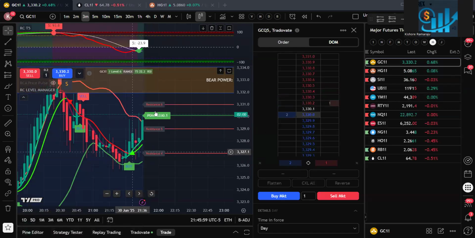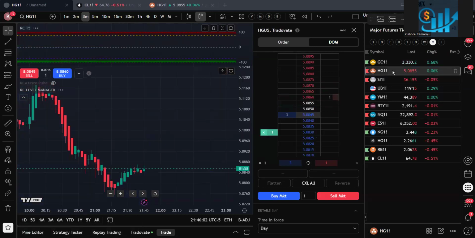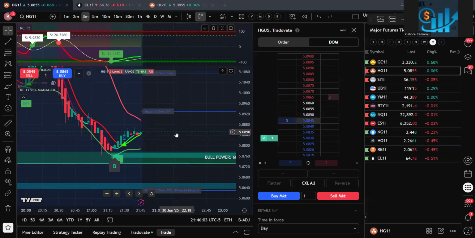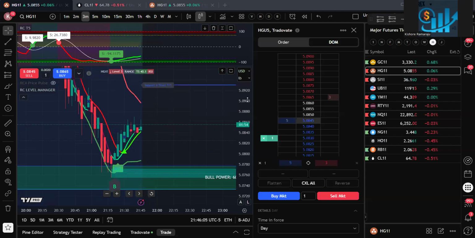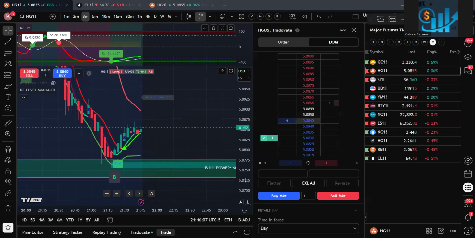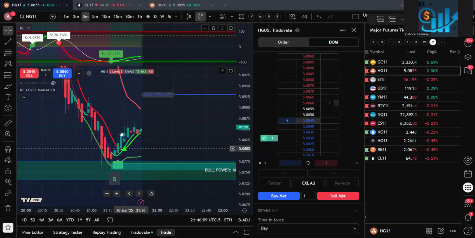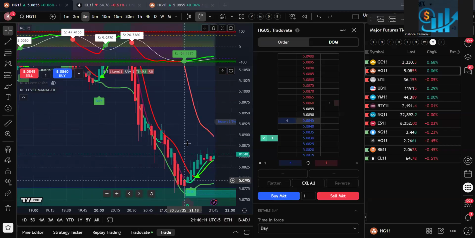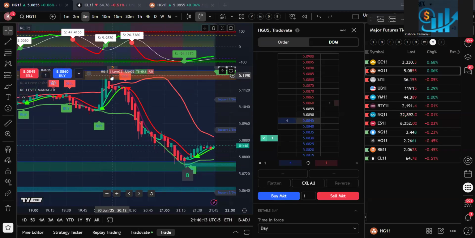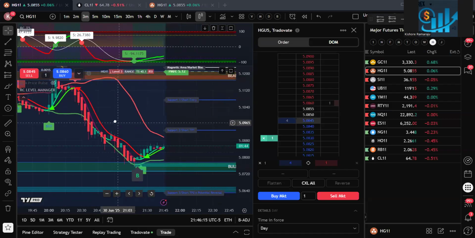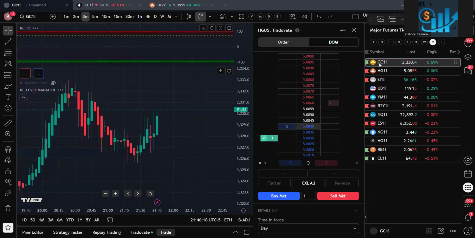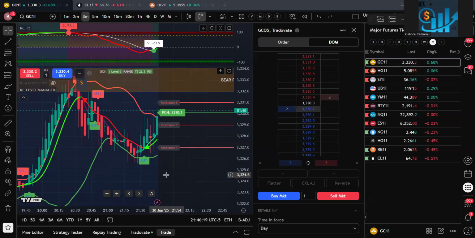We took profits on gold long. Took profits on copper long. And I took profits on the short side. Again on the long side. Same thing with GC also. We took one short.